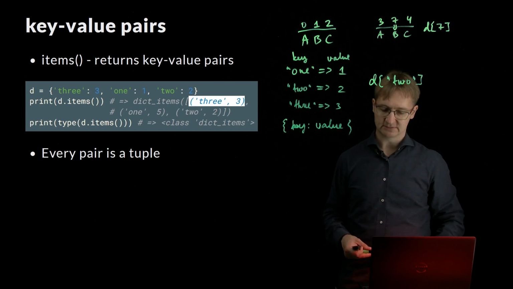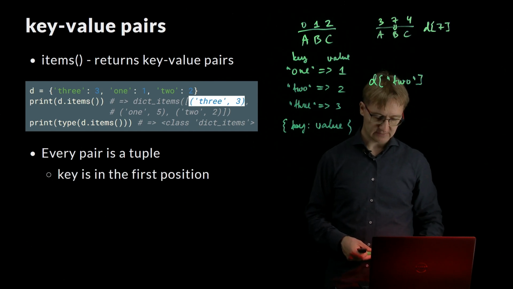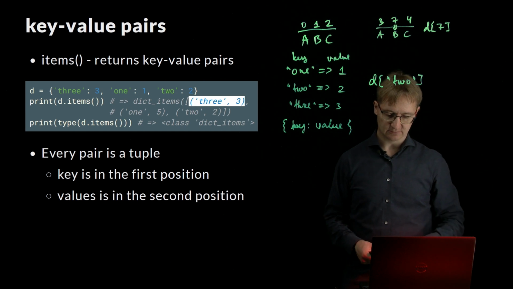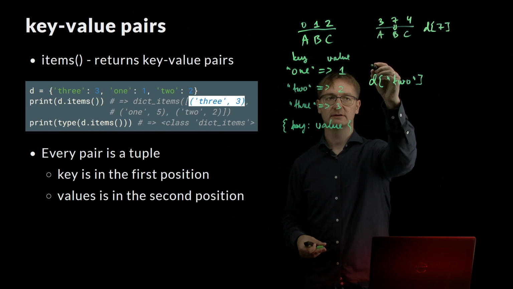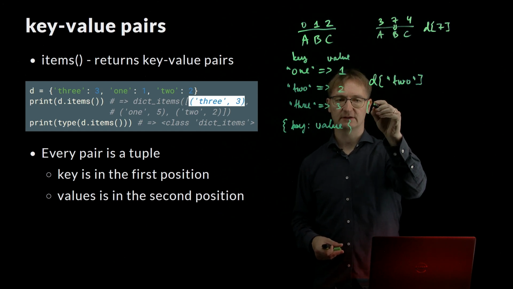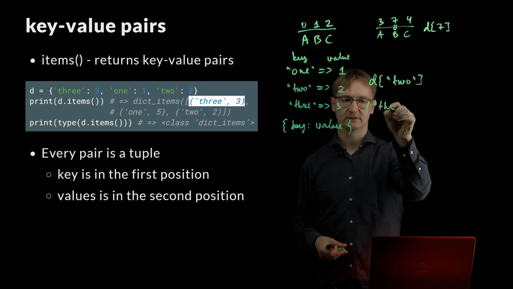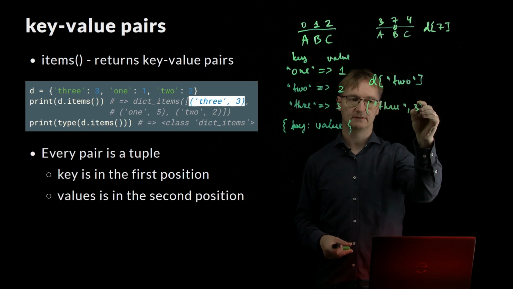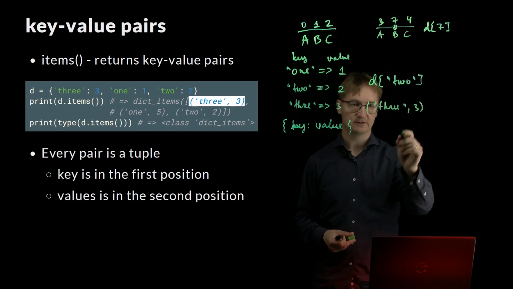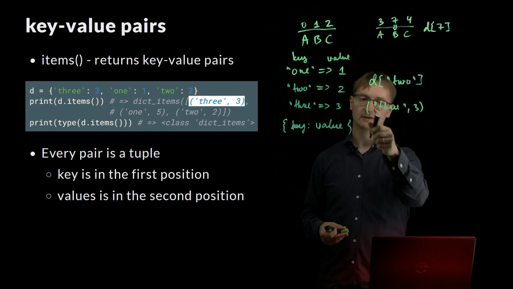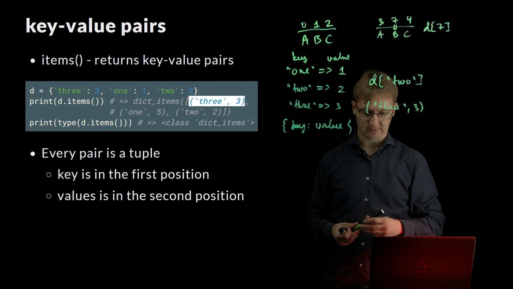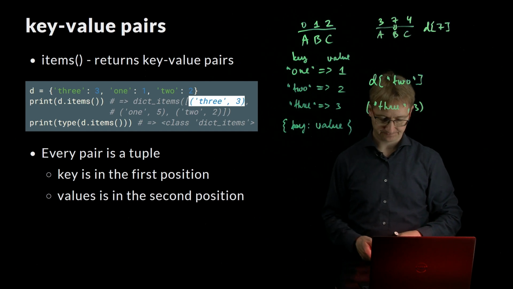Yes, every pair is a tuple. The key is in the first position and the value is in the second position. So here I would get, let's make it for that, a tuple 3 and 3 as a number. So now I can work with this tuple, for example, get the key or value or both if I really want, and so on.